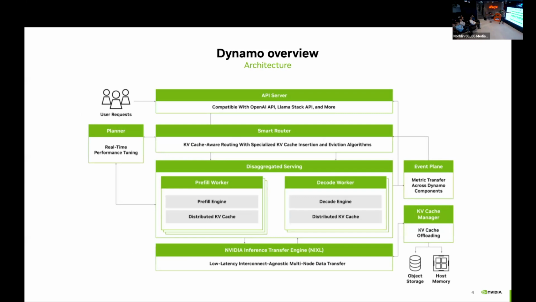Then we have the smart router component that will decide to which worker it will send the request from the user. Then we have disaggregated serving. I will talk a little bit more about that because I assume not everyone is very much involved with LLMs. We also have side components like the planner that can scale workers up and down, the KV cache manager, an event plane for reporting metrics, and some low-level libraries that allow us to move the KV cache between the components.